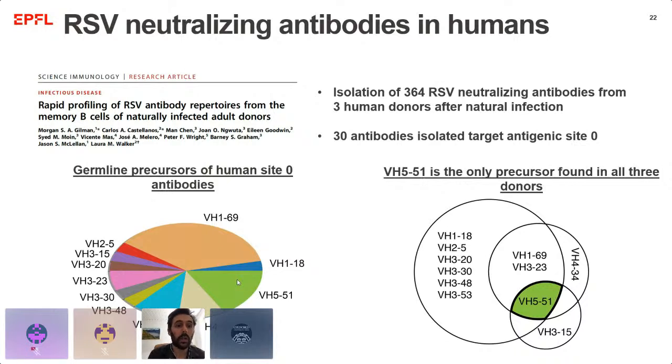And basically from here, what we could conclude was that through this vaccination with these de novo designed antigens, we were indeed able to elicit neutralizing antibodies that were also elicited by natural infection in humans.